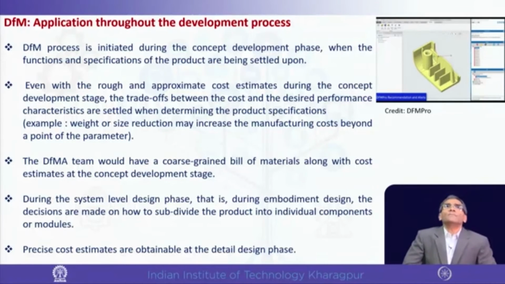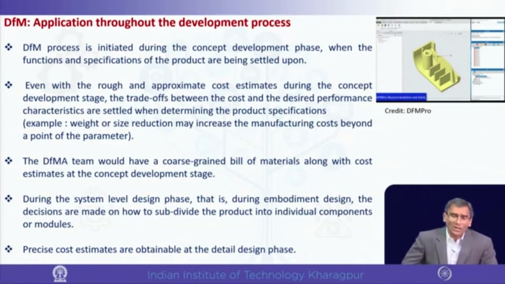Design for manufacturing, its application throughout the development process, I have already dealt with this, and therefore I just would tell you that at the concept generation stage, that is where it begins, rough and approximate cost estimates are done.